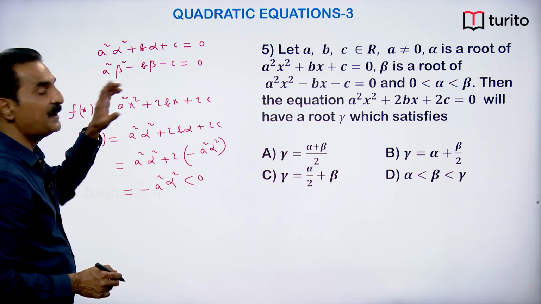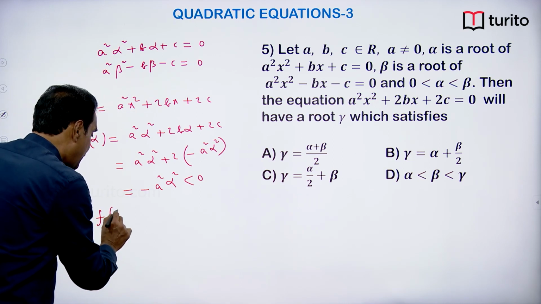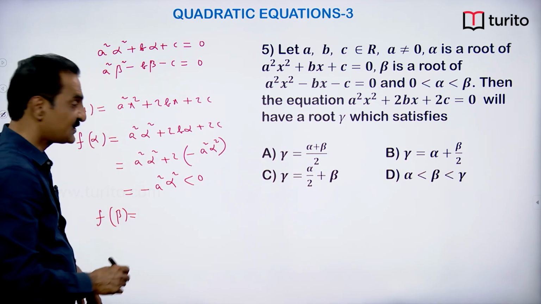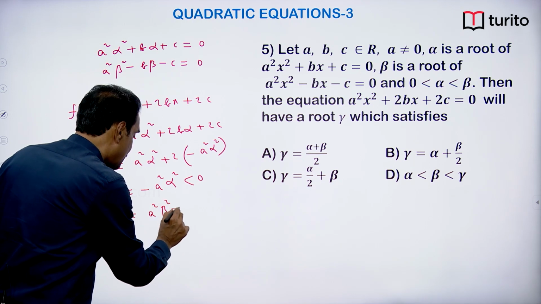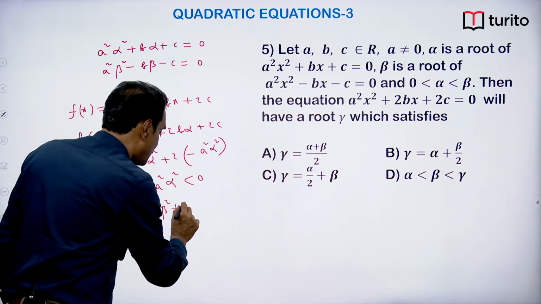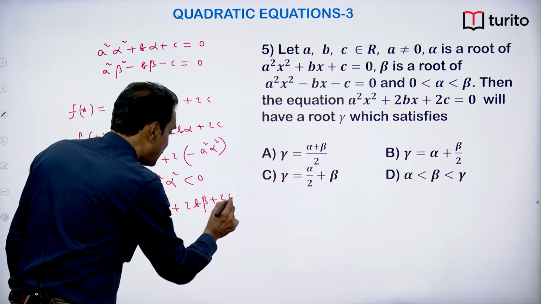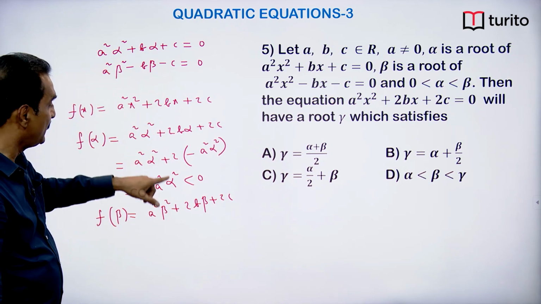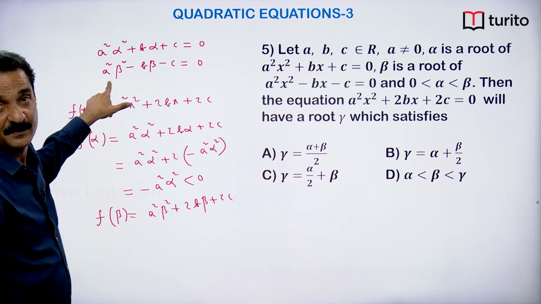Now, I will substitute beta. f of beta is equal to a square beta square plus 2b beta plus 2c. Now, how can I use this condition? From this condition, b beta plus c is equal to a square beta square.